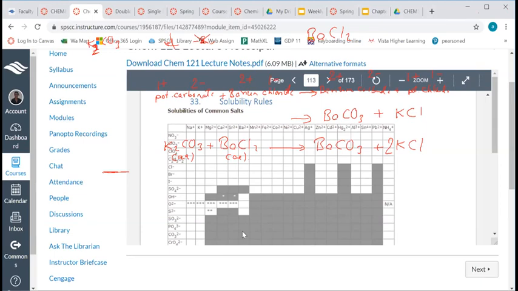So what do we write here then? If it's insoluble, then you're going to write over here, it is going to be solid. Okay? Now potassium chloride, look at potassium chloride. Potassium here, chloride here. Is it soluble or insoluble?